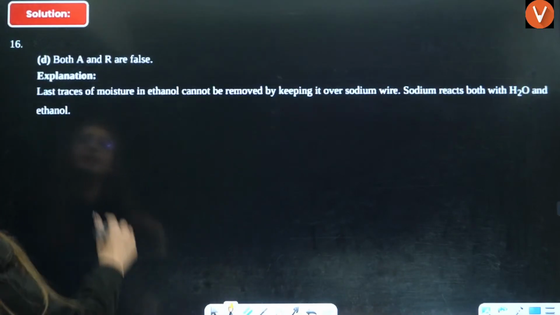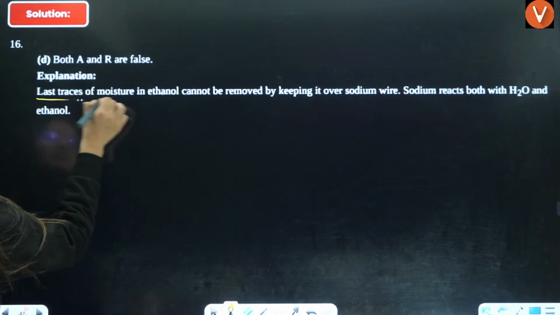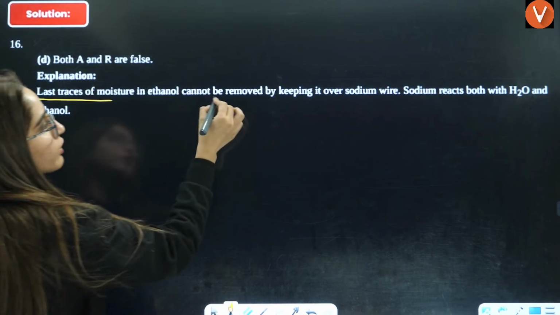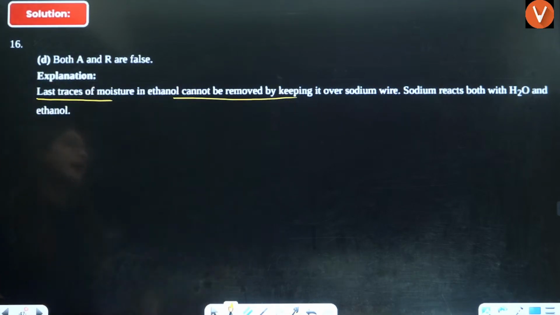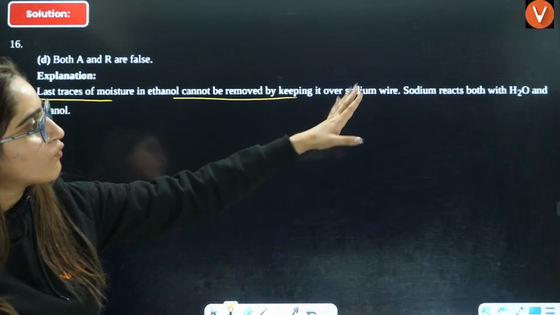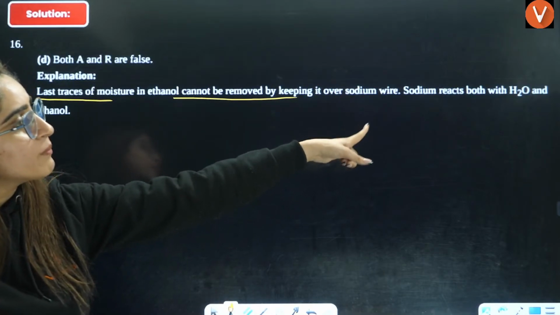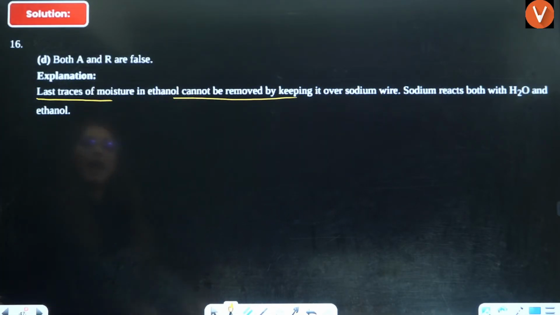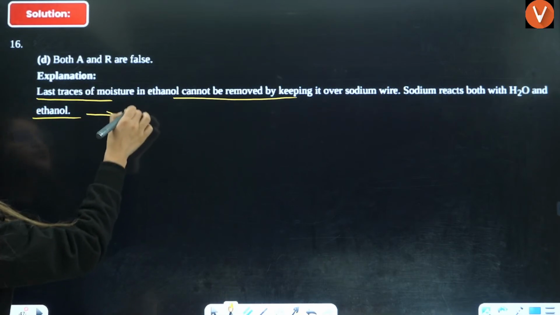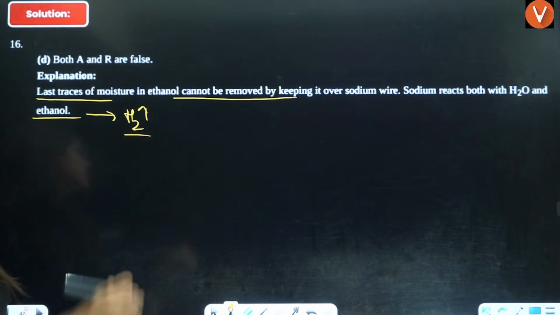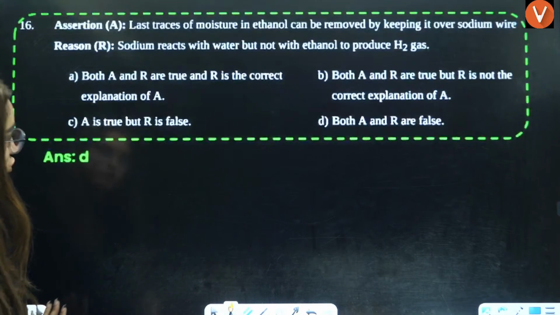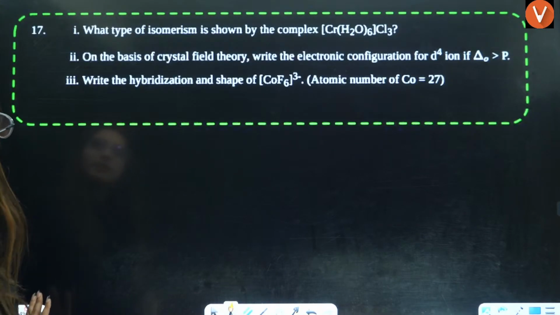As you can see here, last traces of moisture in ethanol cannot be removed by keeping it over sodium wire, and sodium reacts with both water and ethanol to produce H2 gas, right? So both the statements are going to be false over here.